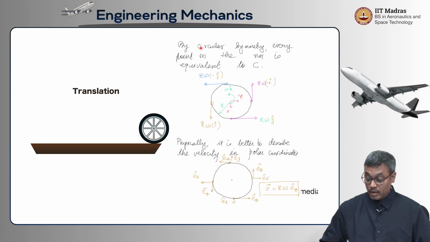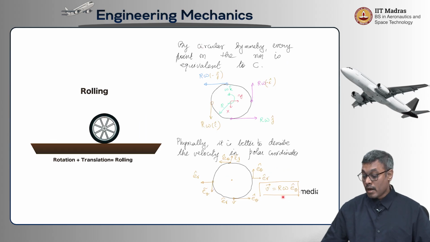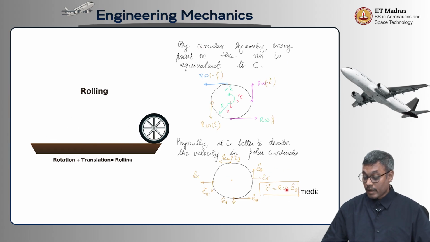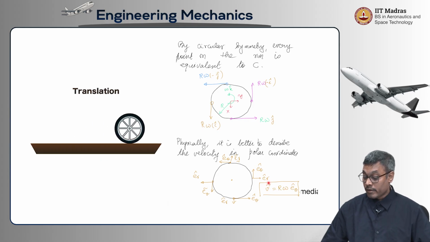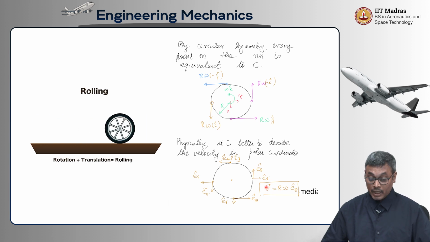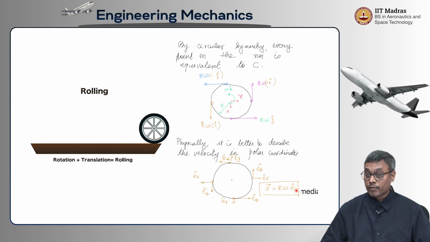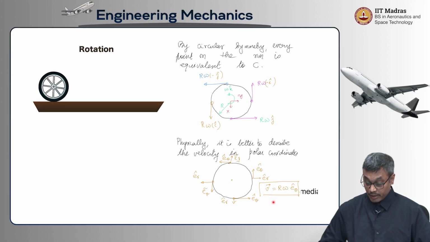We have found that if omega k hat is the angular velocity of the rotation, then the linear velocity of points on the circumference of the wheel is given by this formula in polar coordinates.